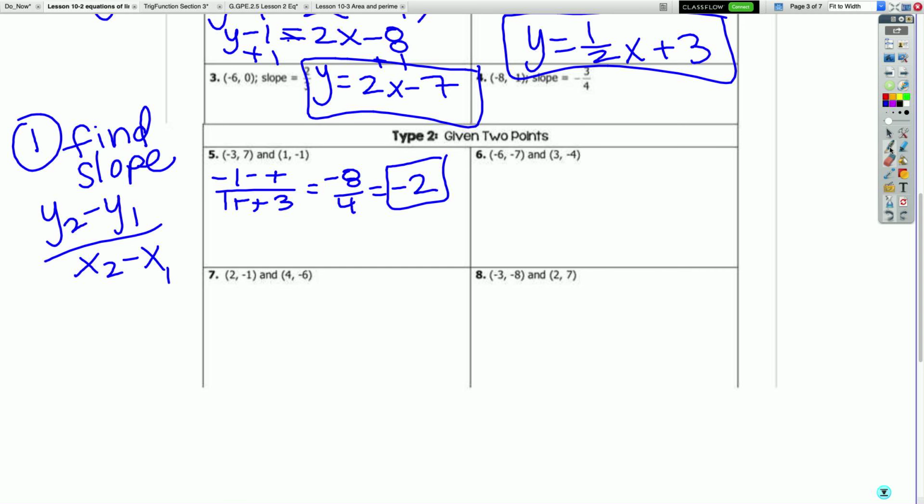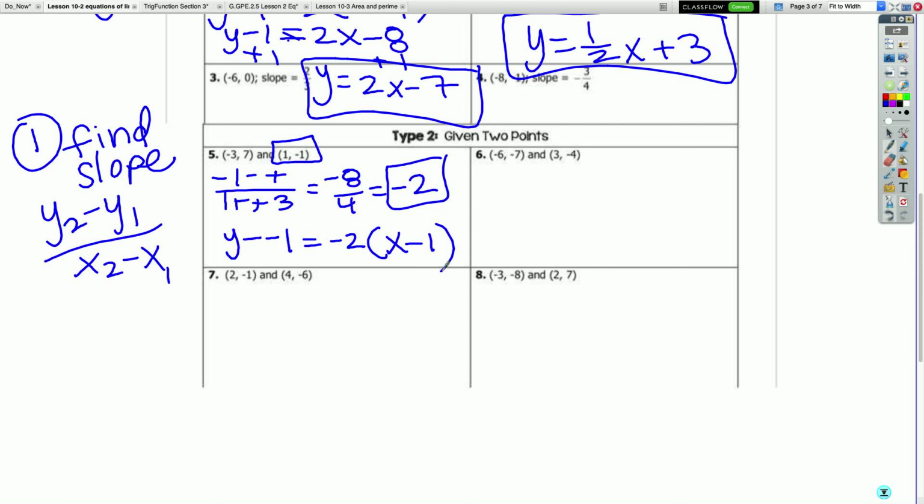Y minus the y value, then you pick the value of x, and then you put the slope right there.